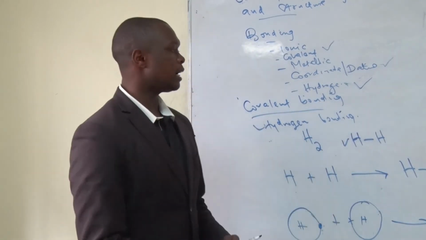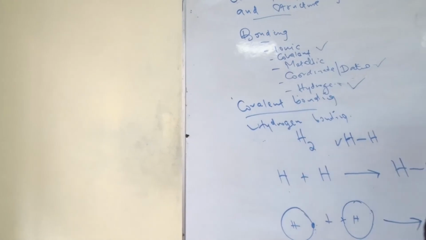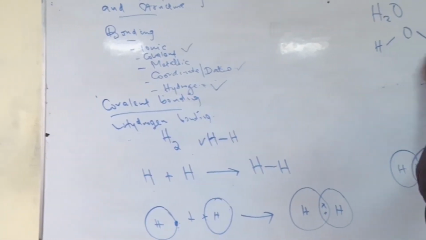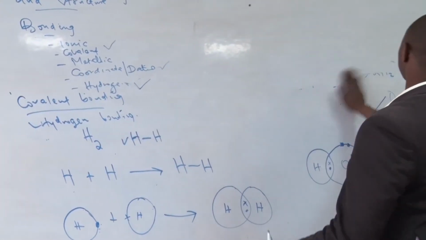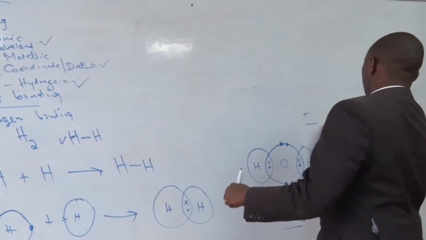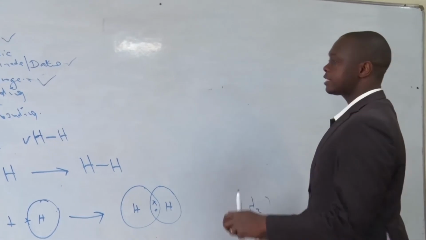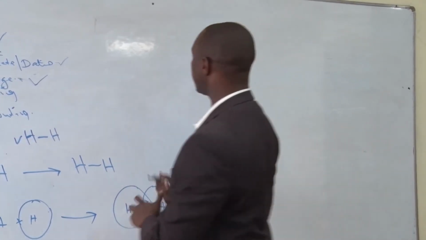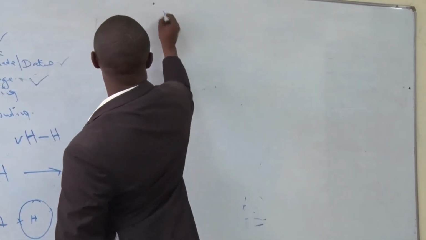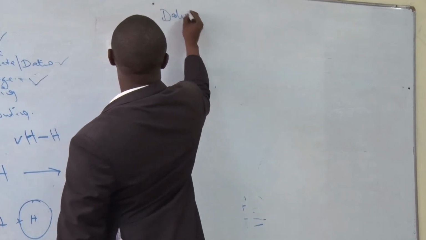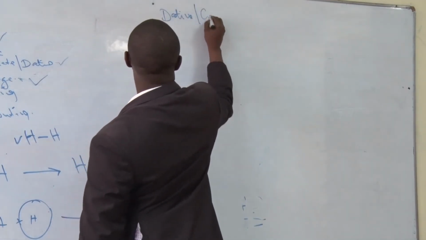Let's now look at another one, which is the formation of dative bonding. Another example of covalent bond is dative bonding. Dative or coordinate.